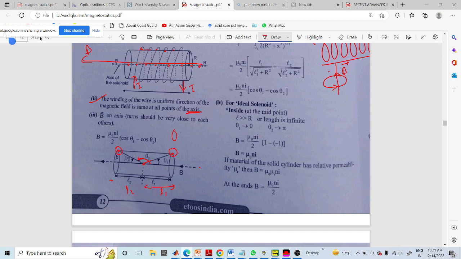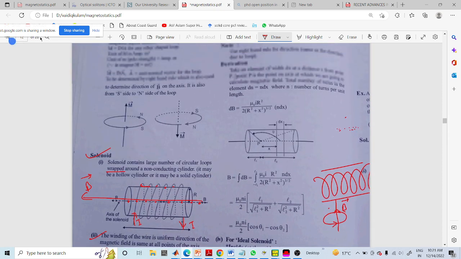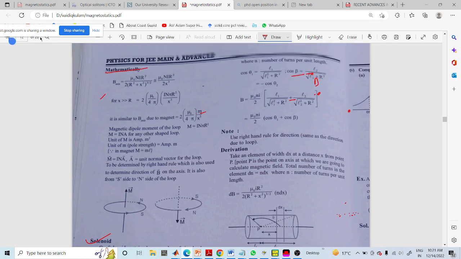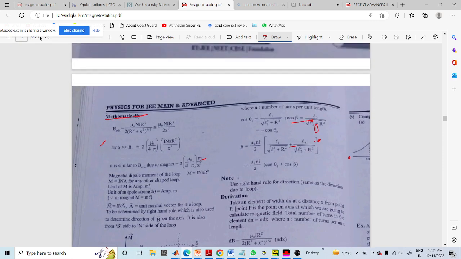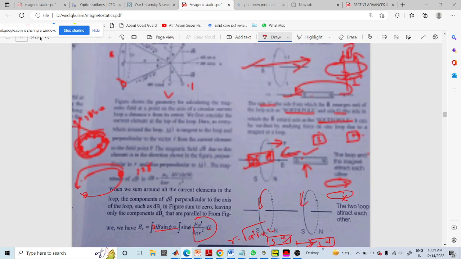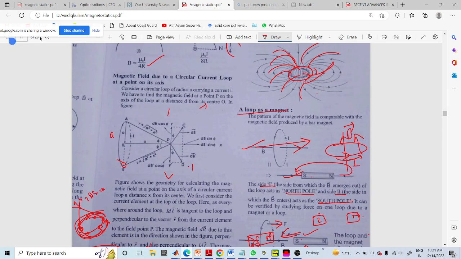So you know this result. Do you know this result? Because of one loop, you know this result. Tell me yes or no. Tell me.